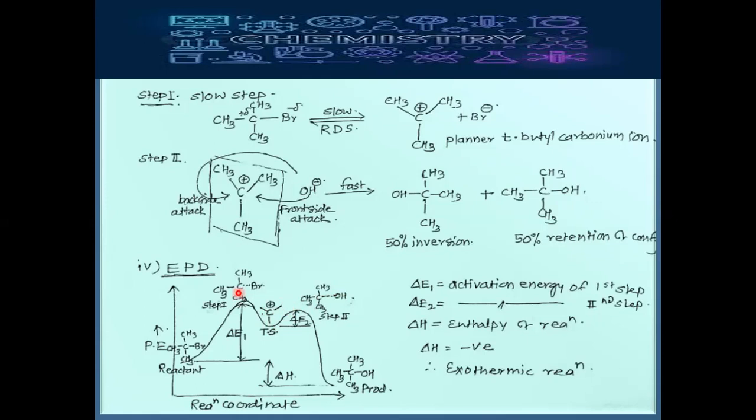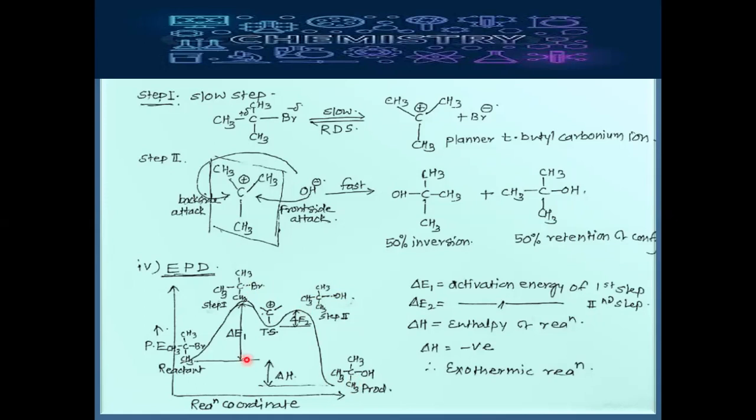The energy of C-Br bond dissociation is more than the energy of C-OH bond formation, so this is more stable. But when the C-OH bond is completely formed as the product, tertiary butyl alcohol, the energy of the system decreases, reaches the minimum level, and product formation takes place.